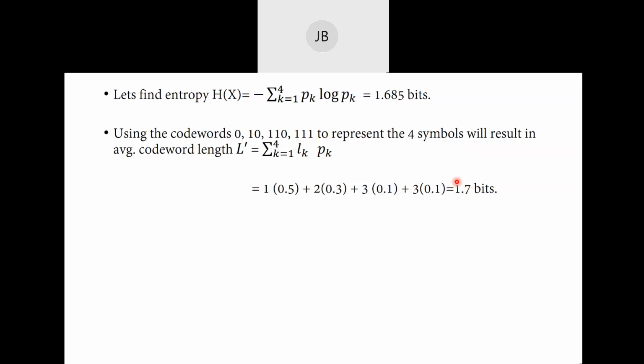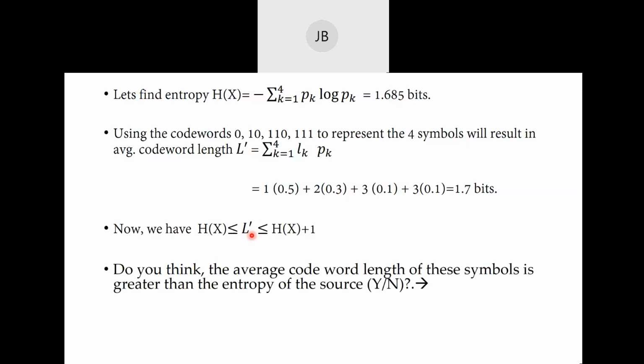L prime is greater than or equal to the entropy. Yes, but never less than the entropy. That is what we can observe here. This is the relation we tested. Right now L prime is 1.7 and H of X, the entropy, is 1.685. So this relation is well observed and preserved because it is a theory.